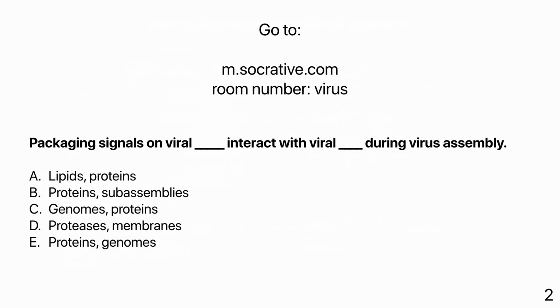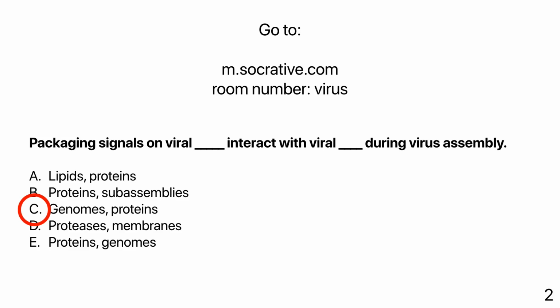So here's a question about packaging. Packaging signals on viral something interact with viral something else during virus assembly. And we can have the 2 words being lipids, proteins, sub-assemblies, genomes and proteins, proteases and membranes, and proteins and genomes.